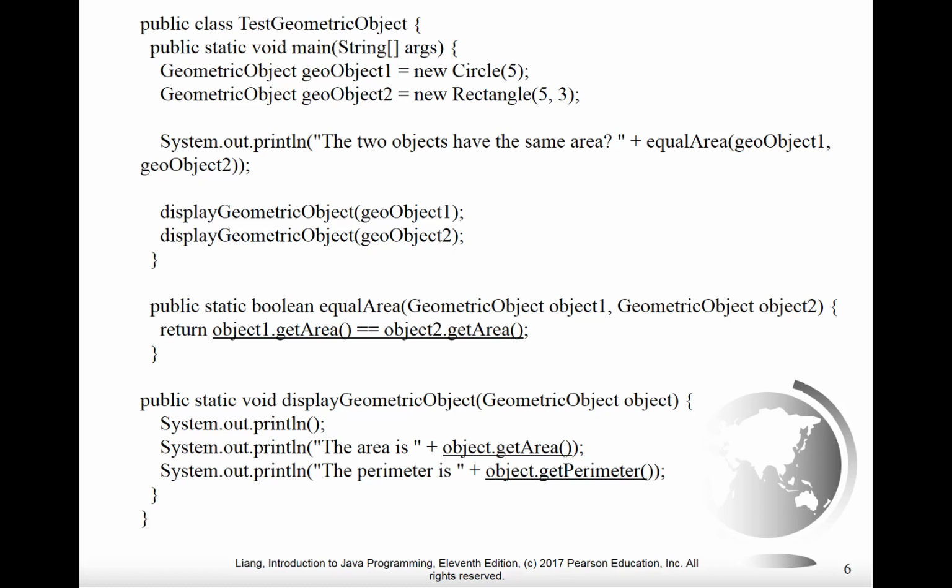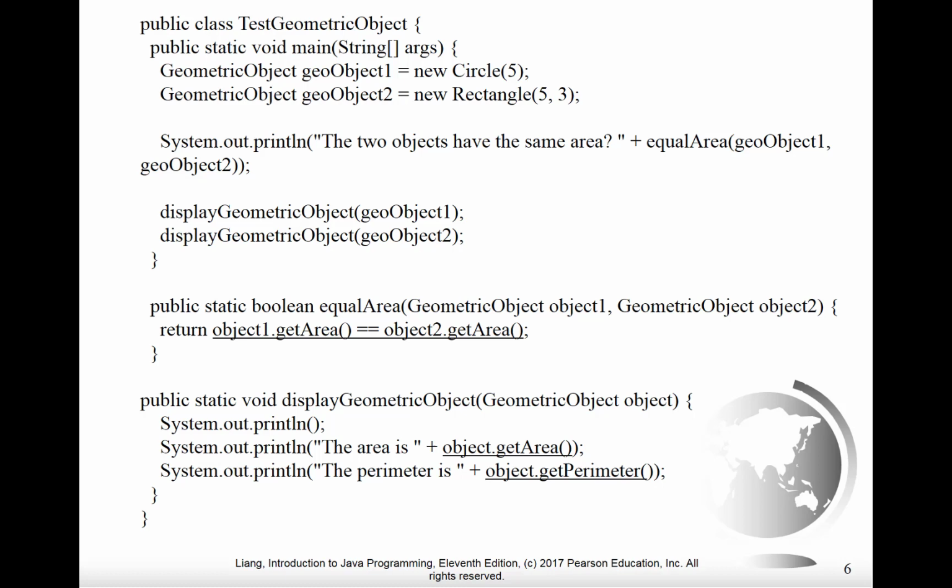But because it's abstract, we can't actually execute code from there. We have to go to the actual type in each case, and we're going to execute different getArea methods for each of these objects. Because object 1's actual type is a circle, we are going to execute the getArea method for the circle in the case of the operand on the left hand side of the equals equals, whereas object 2 is a rectangle, so on the right hand side of the equals equals operator, we're instead going to be executing the getArea method of the rectangle.